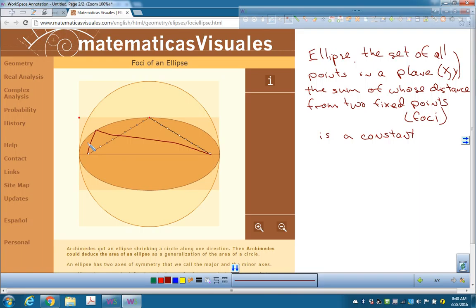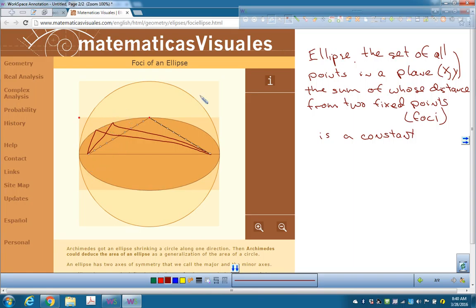If I add this plus this, and this plus this, I would get a constant. Then I generate this thing called an ellipse, okay?